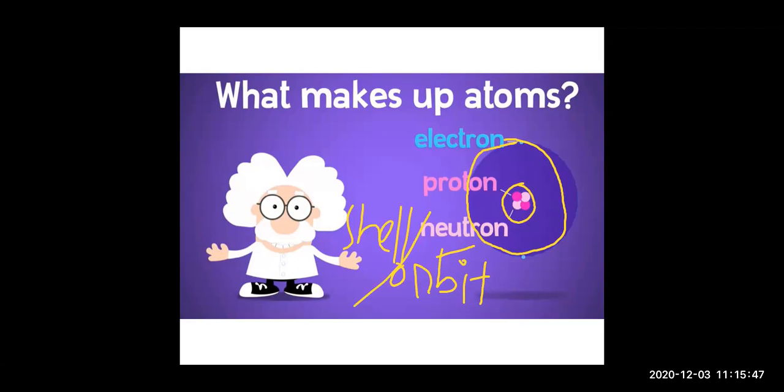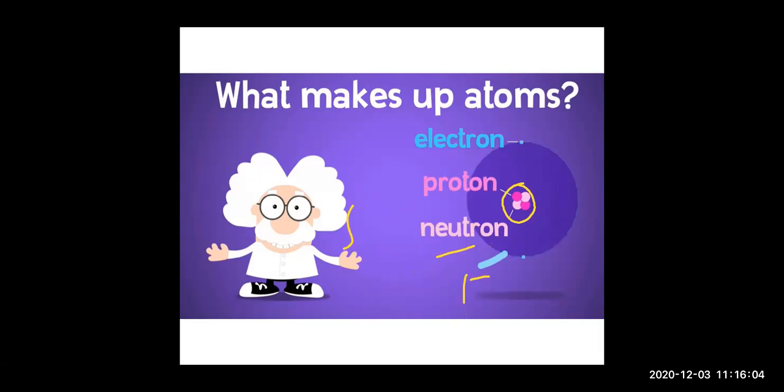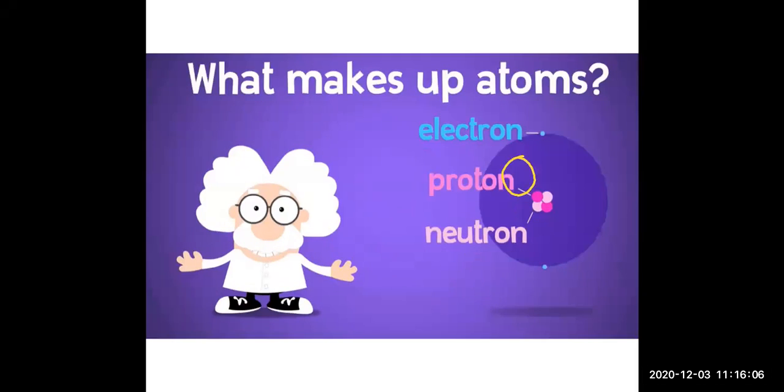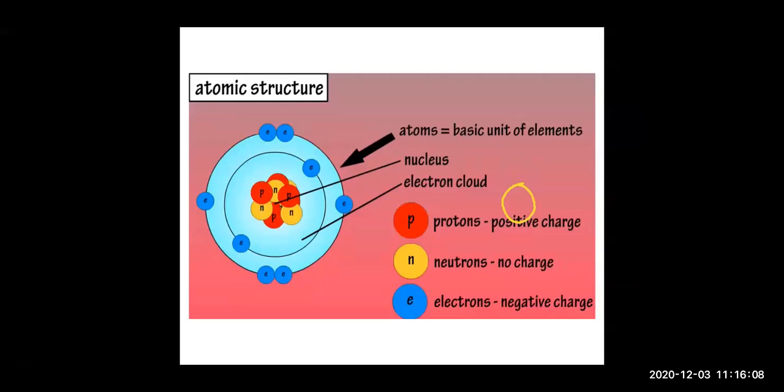So atom is made up of protons and neutrons which are present in the nucleus of the atom, in the center of the atom. And around this nucleus, in the shells and the orbit, we have electrons revolving around the nucleus. Right children?